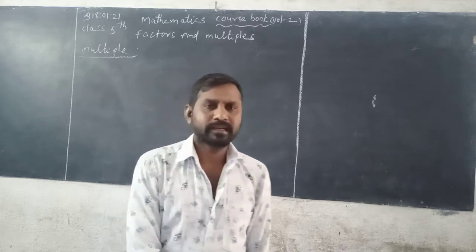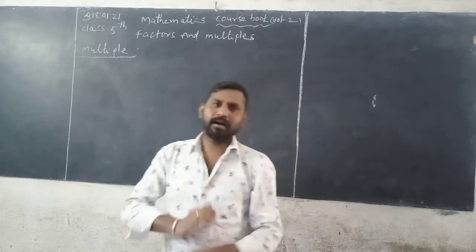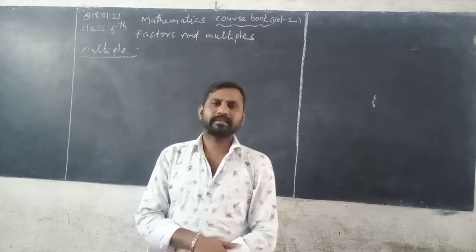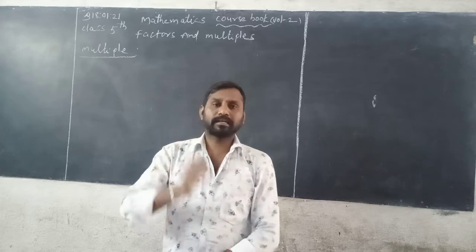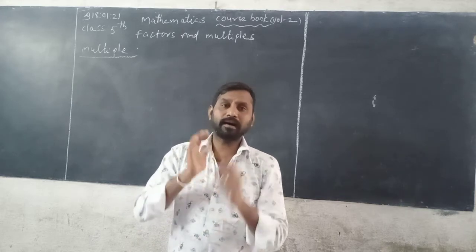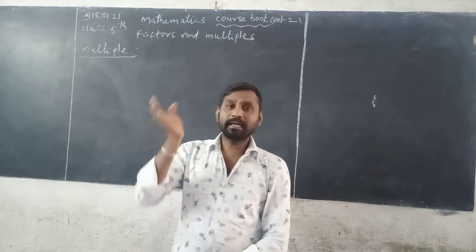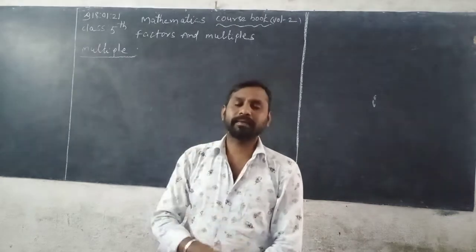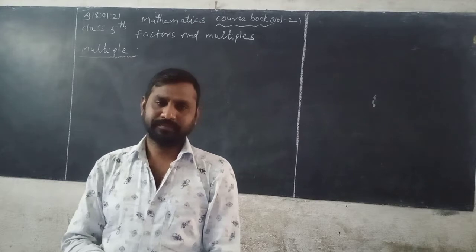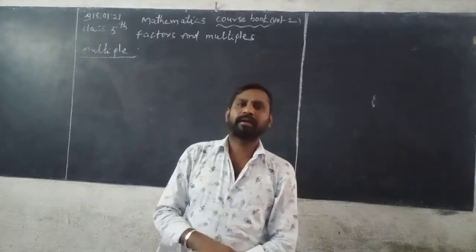Once again, a number obtained. Obtained means here got, getting. A number obtained by multiplying a number by another number is called a multiple.